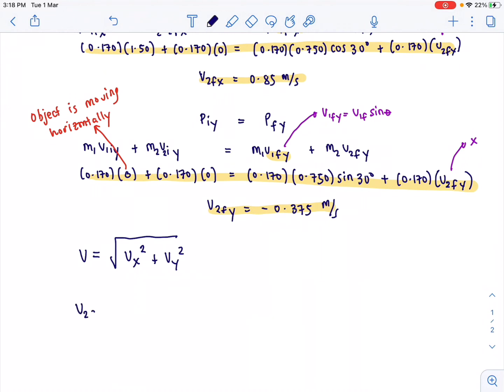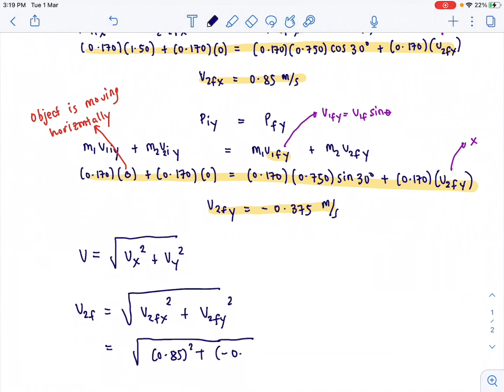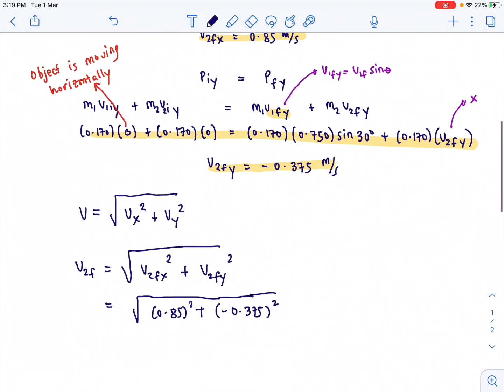So we have V2 final is equal to the square root of the x and y components of the final velocity of the second puck squared: V2 final x squared plus V2 final y squared. Substituting the values, we have the square root of 0.85 squared plus negative 0.375 squared.